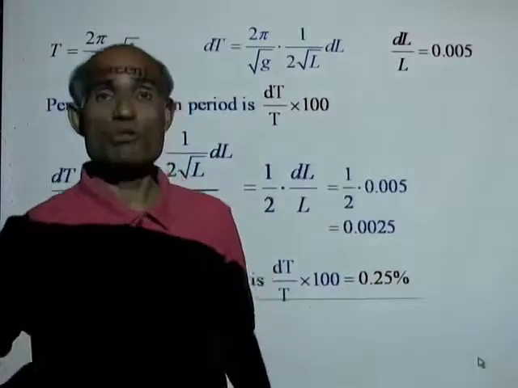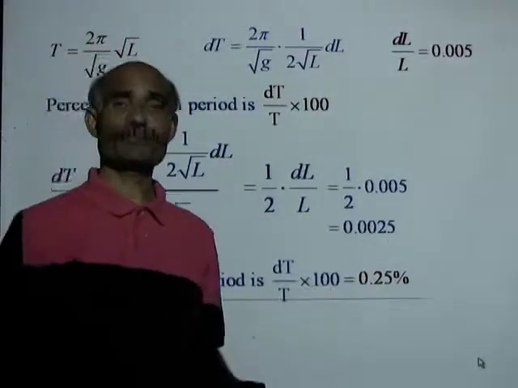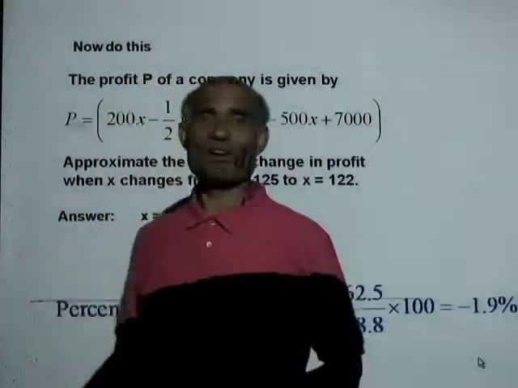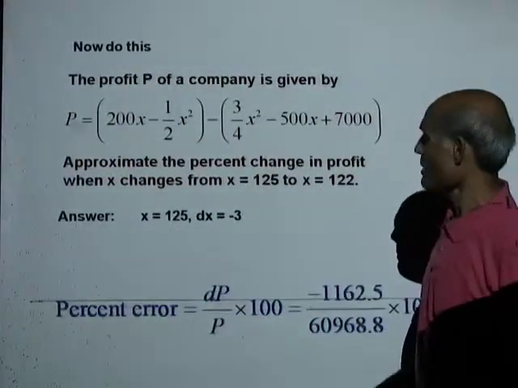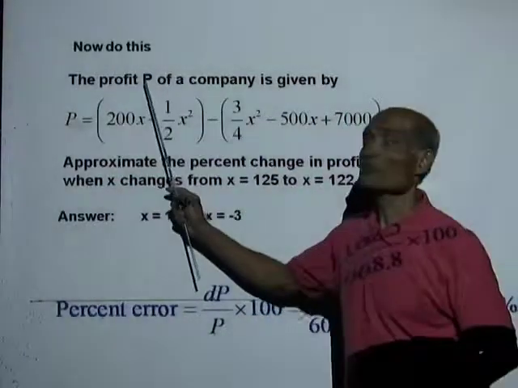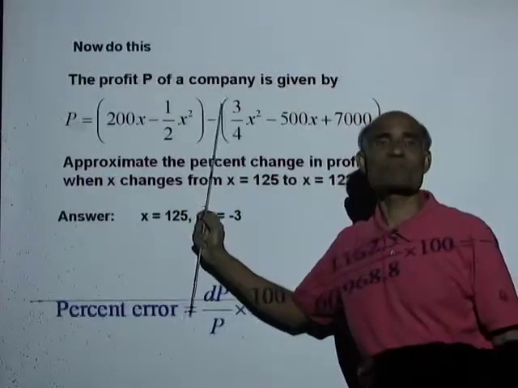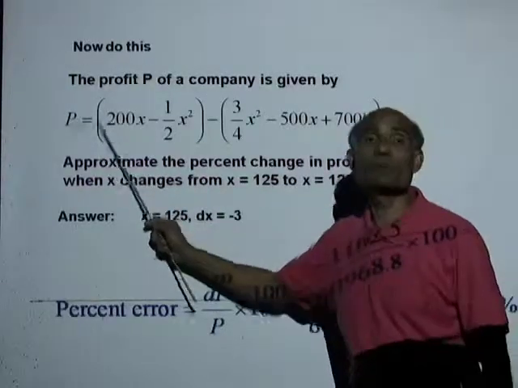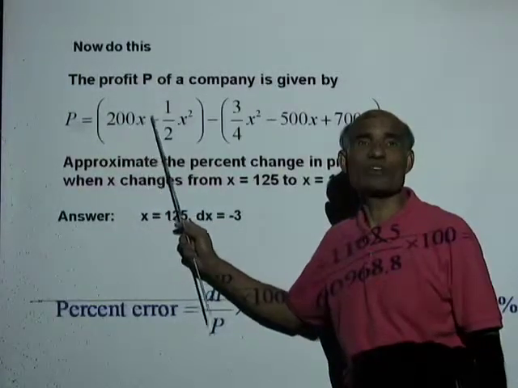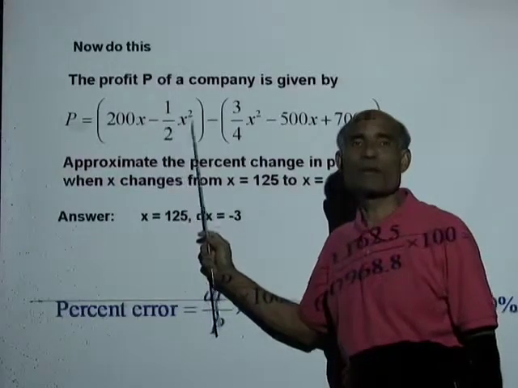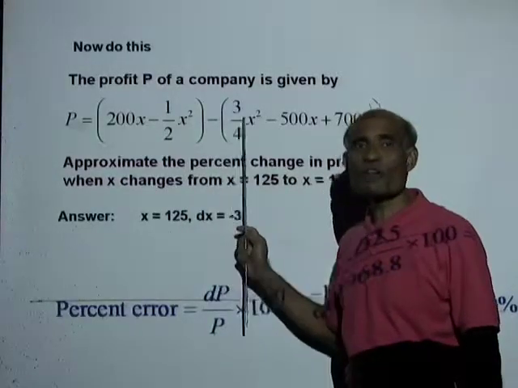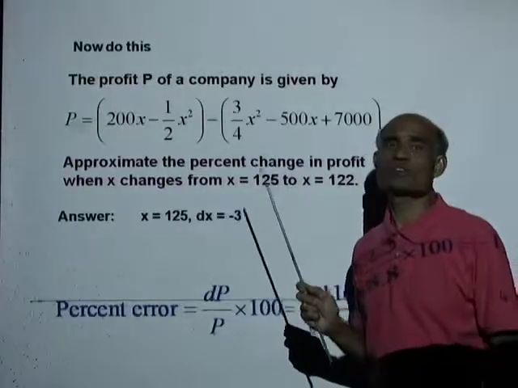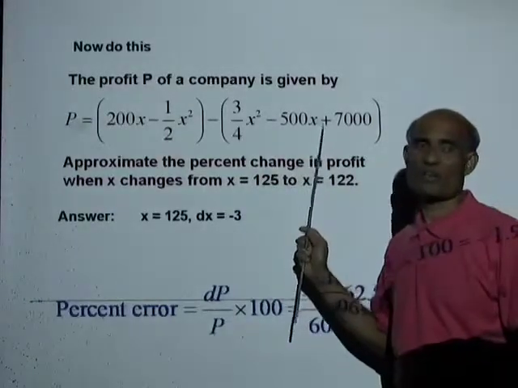Practice that on your own one more time. All right, now I have a problem for you to try on your own. The profit P of a company is given by P equal to 200x minus 1/2 x squared minus 4/3 x squared minus 500x plus 700.